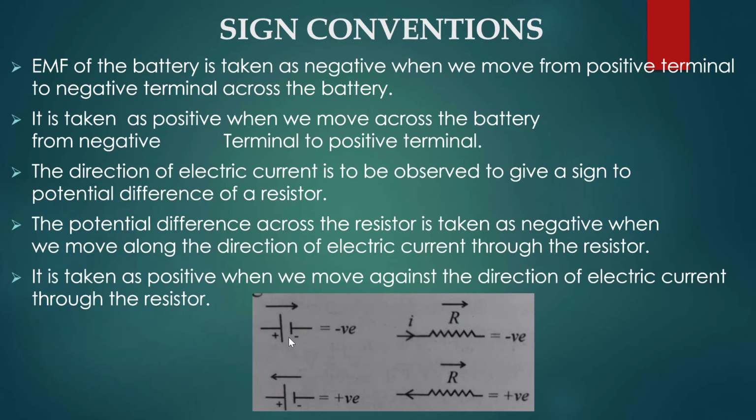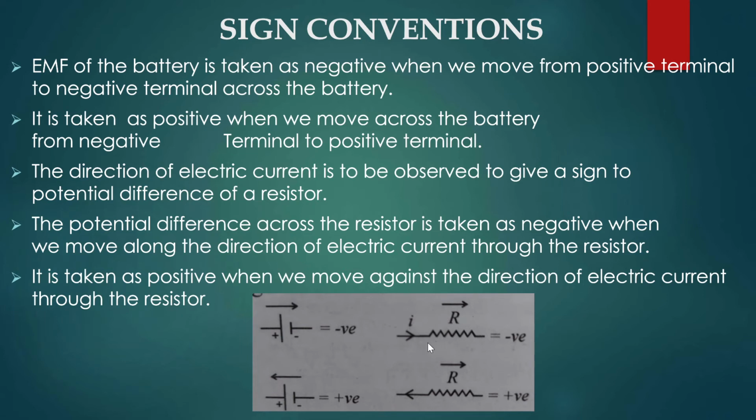So this is with respect to a battery, but with respect to a resistor, if we see, children, the potential difference across the resistor is taken as negative when we move along the direction of the current through the resistor.